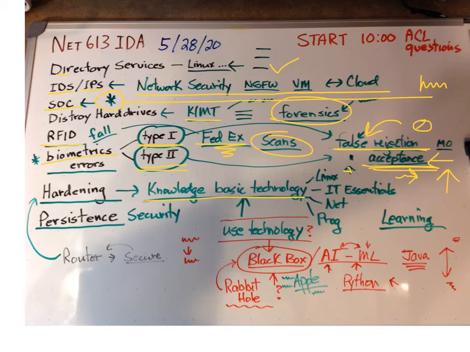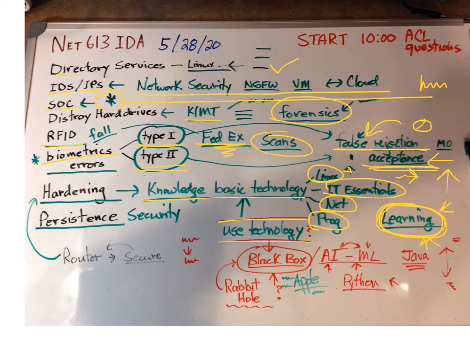Hardening only makes sense if you have some background. So we did Linux, IT Essentials, the first networking class, and you've had a programming class. How much did you learn from those? We all have to work at that. Instructors work hard to give you the best opportunity to learn, but you also have to work hard at it.